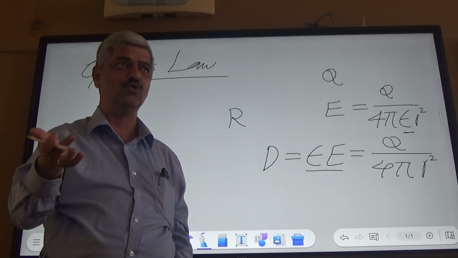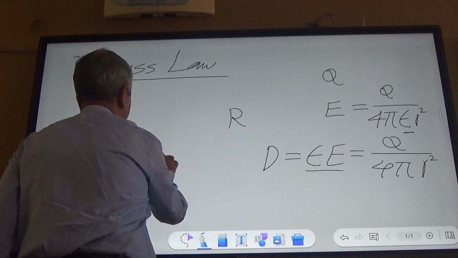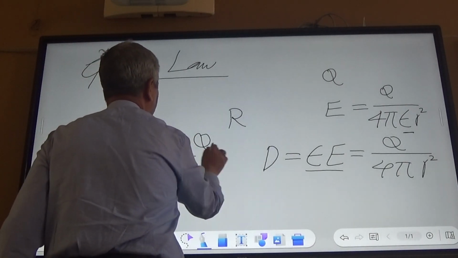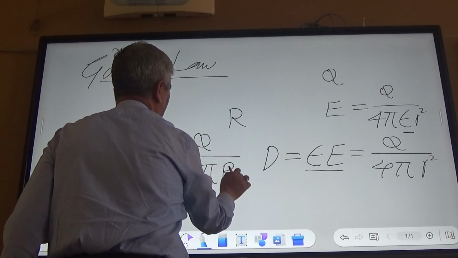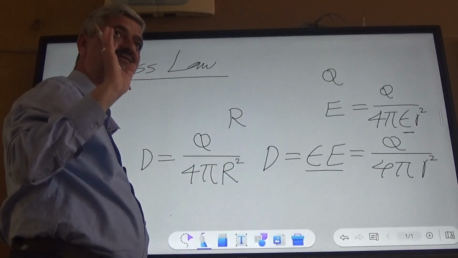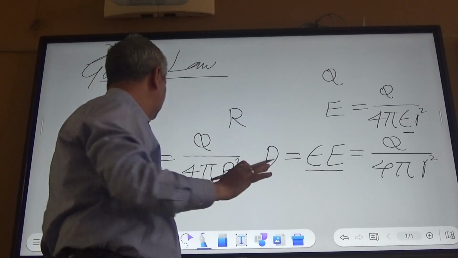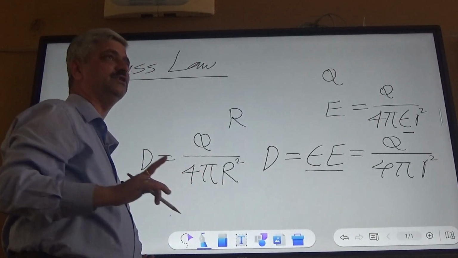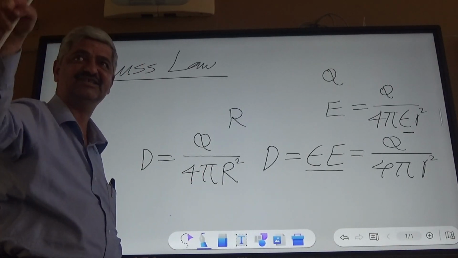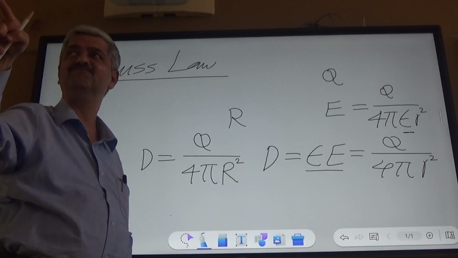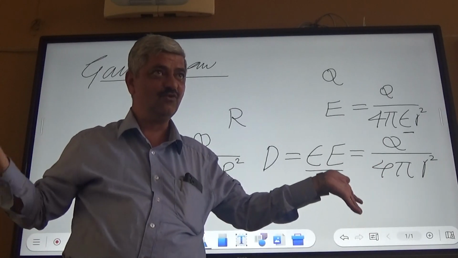So the electric flux density D at every point on the sphere is Q upon 4 pi r square. Right? What is the direction? Radially outwards.